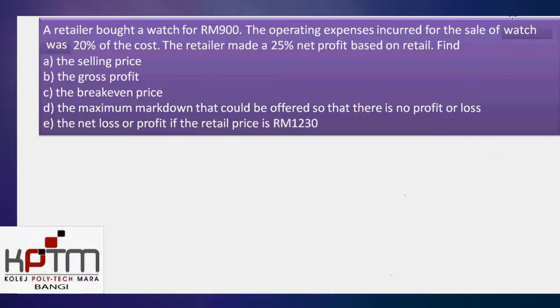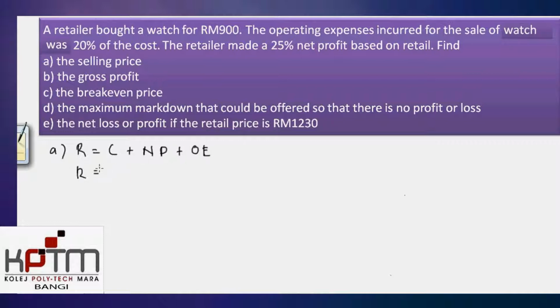So, to find A, the selling price, we will use the formula R equal C plus NP plus OE.